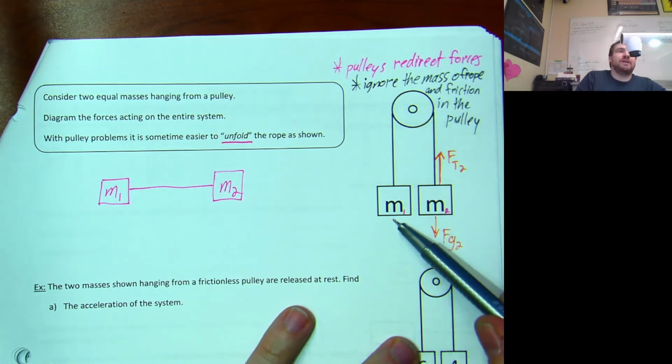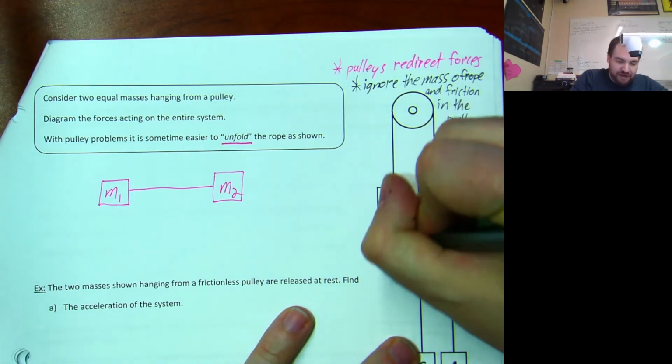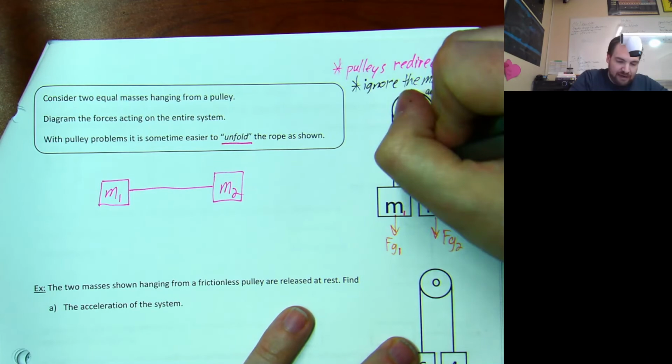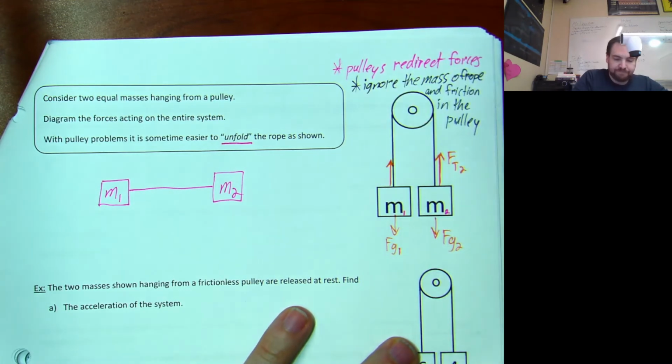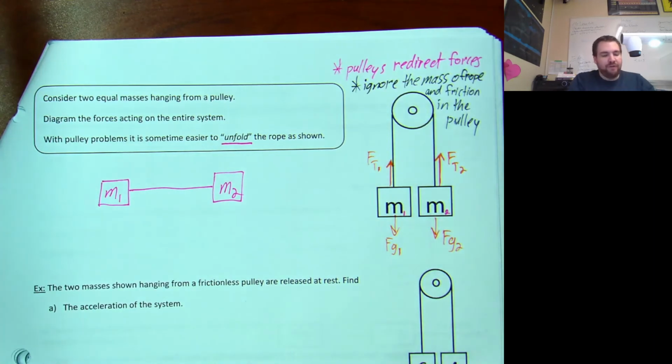What forces are acting on block number 1? Fg1, also straight down. And upwards, I'm going to have what? Ft1. Are there any other forces acting on these two blocks? No. Are these resting on any surfaces?